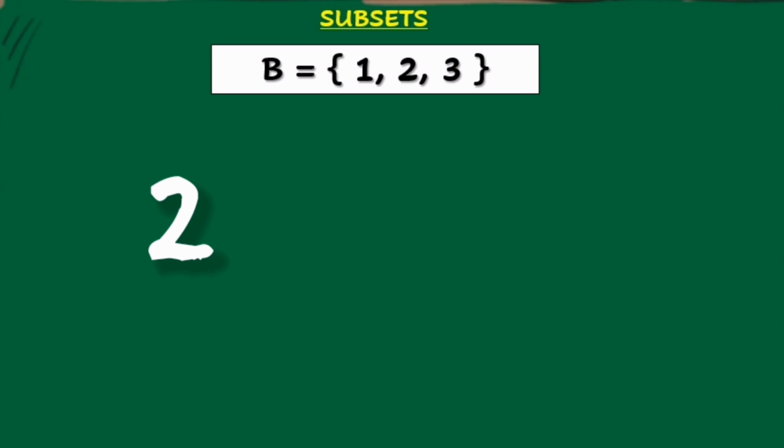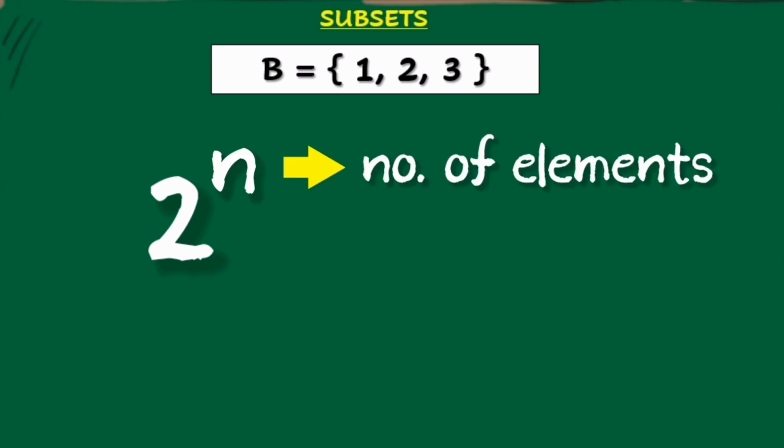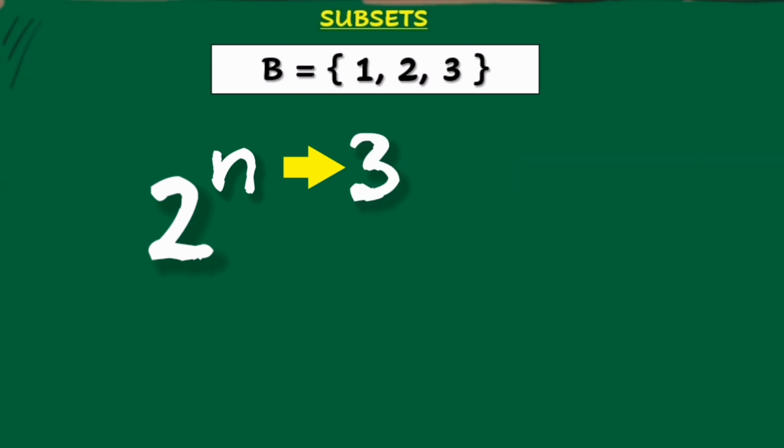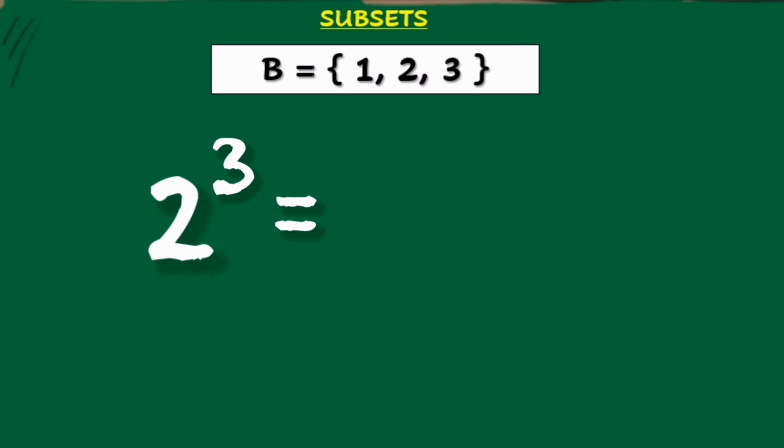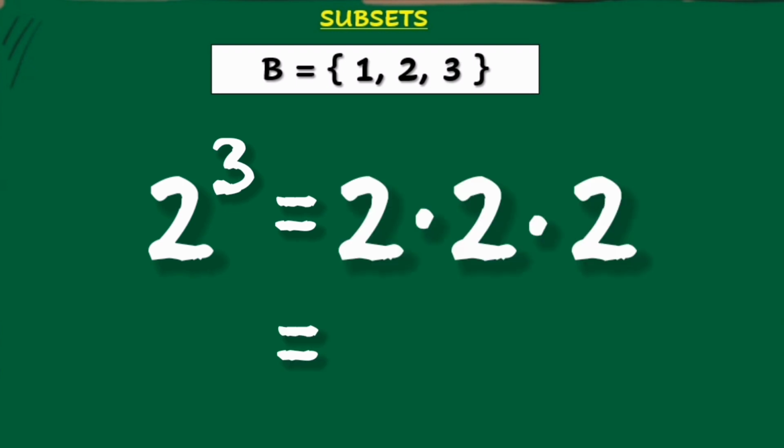It is 2 raised to n, where n stands for the number of elements in a given set. In this case, there are 3 elements, so 2 will be raised to 3. 2 raised to the third power is equal to 2 times 2 times 2, which is equal to 8.